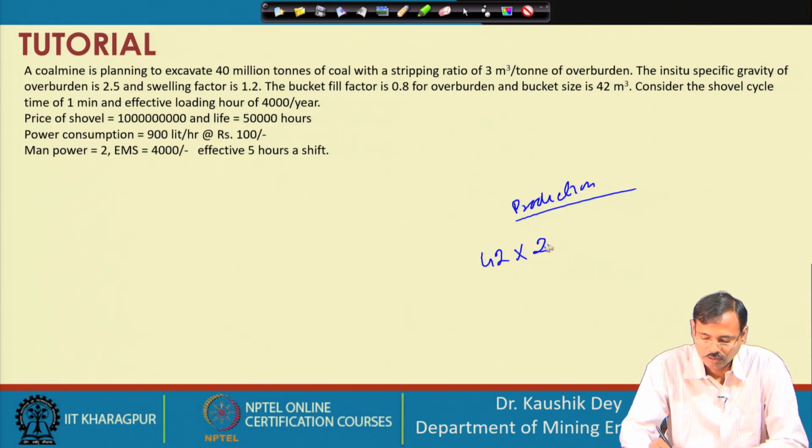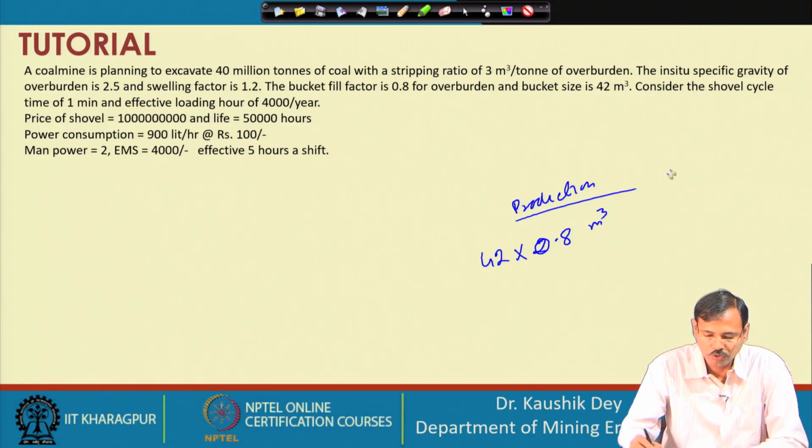It is having production of 42 meter cube into... I think bucket fill factor is 0.8. So, this is the meter cube filled by one bucket, and our in situ volume is being swelled by 1.2 times.